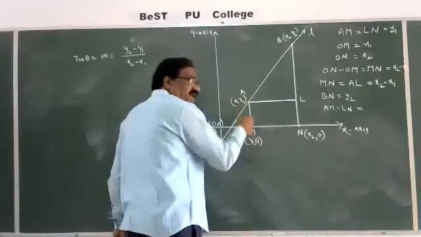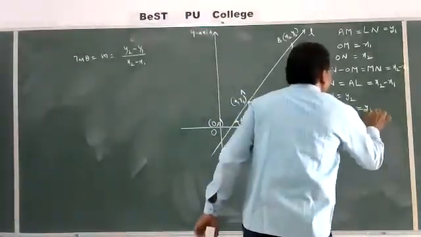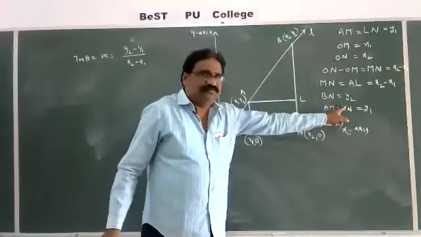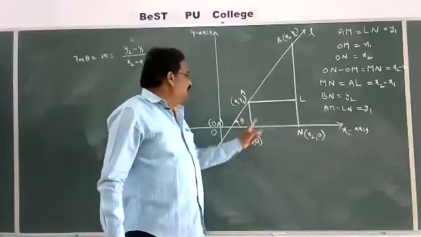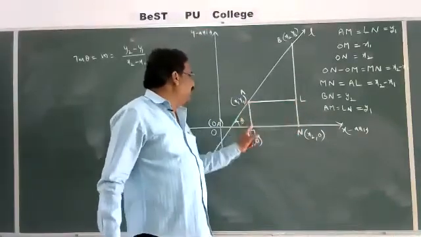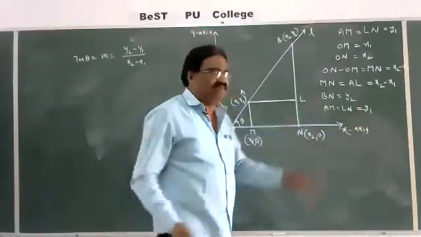AM length is Y1. That's why LN length is also Y1. So this BN length is Y2. AM length and LN length both are equal. That's why AM length is Y1, and LN length is also Y1.